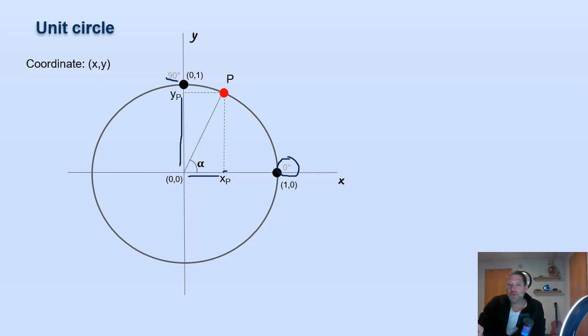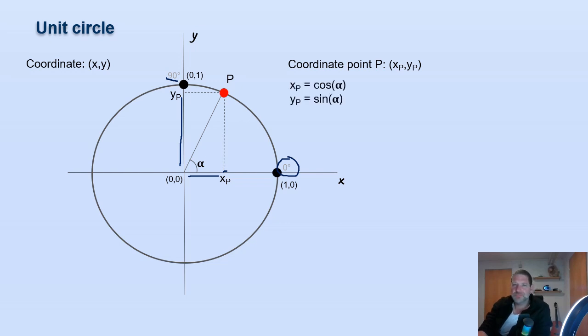So now the coordinate of point P is xp in the x direction, which is, okay, we'll see that later, and yp in the y direction. Okay, so we need to find a way on how to calculate this.